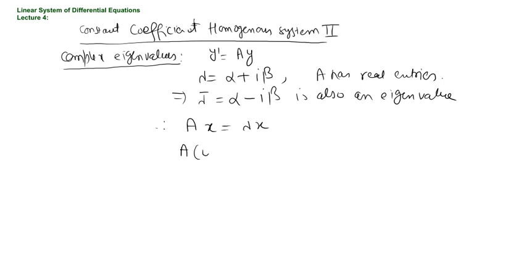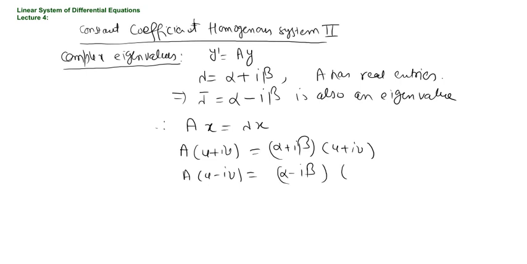So you can write x equal to u plus iota v, and lambda is alpha plus iota beta. By taking its conjugate, we get alpha minus iota beta and u minus iota v.